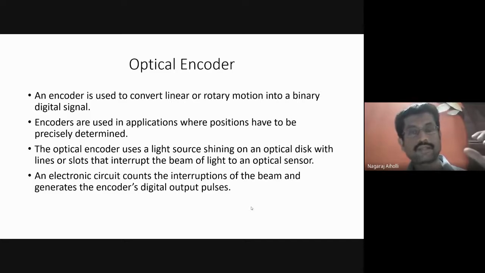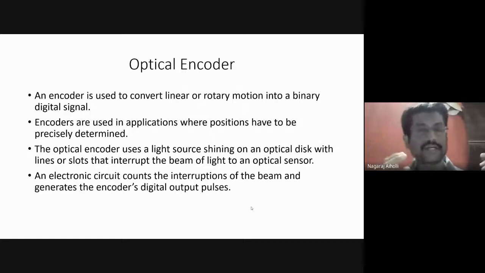Suppose say there is an object, right? There is a rotating disk, and the rotating disk is connected with the object that is rotating.